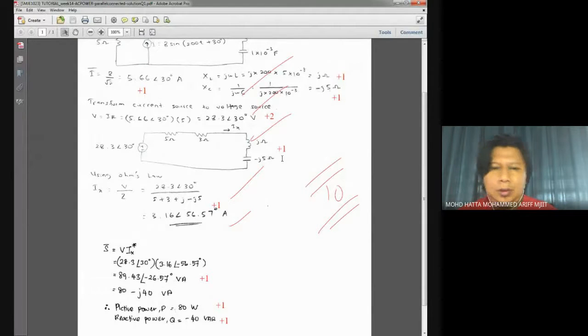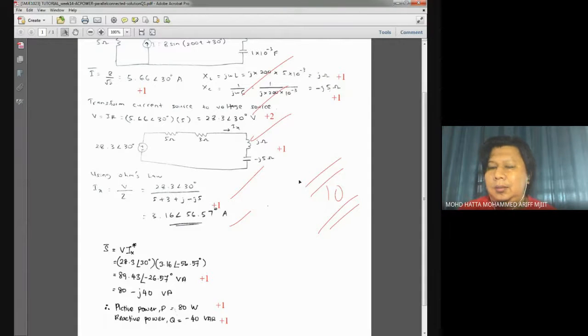In terms of value, if you have a different value in terms of decimal points compared to me, then I should be okay with that. I know because of the conversion of polar to rectangular, sometimes you might consider different decimal value compared to my solution.